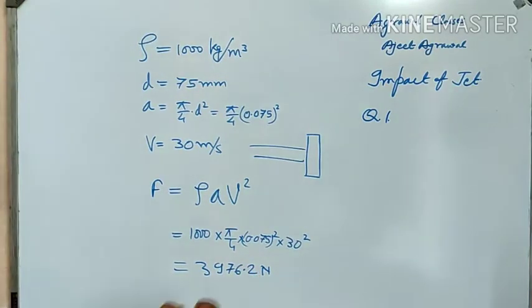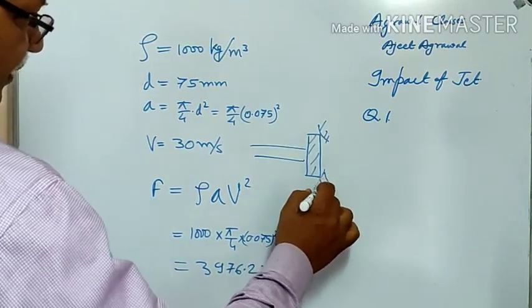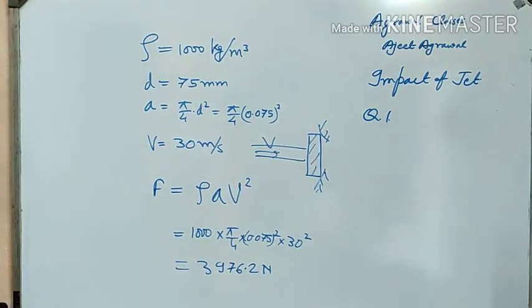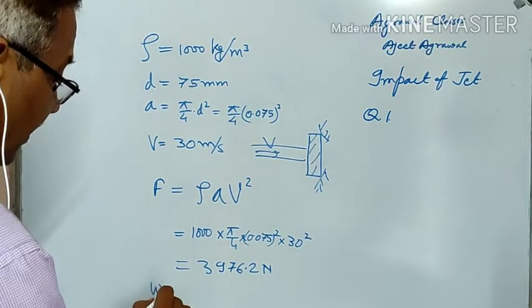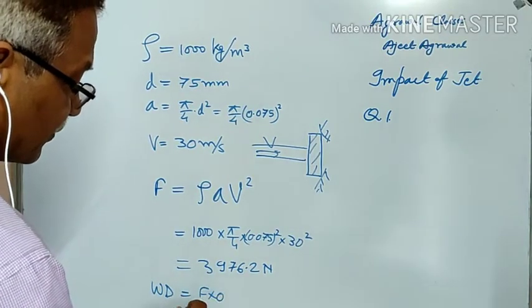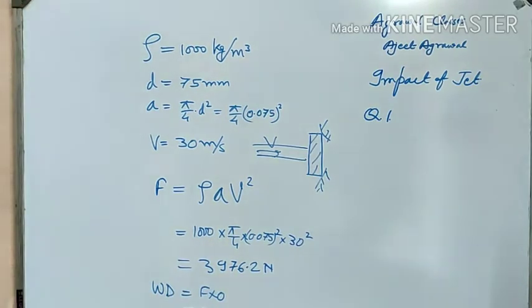So this is the force on this plate which is stationary and is perpendicular to the jet of velocity v. In this case the work done, as the plate is fixed, is force multiplied by distance moved, which is 0, so the work done will be 0.